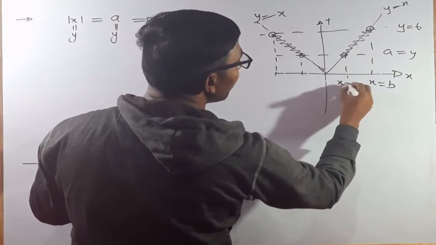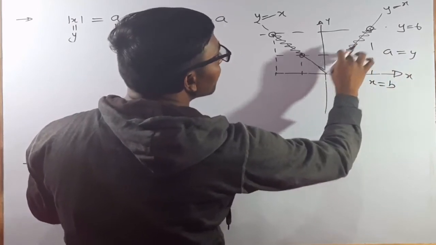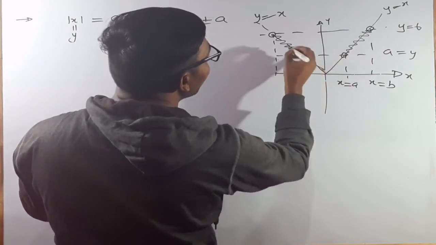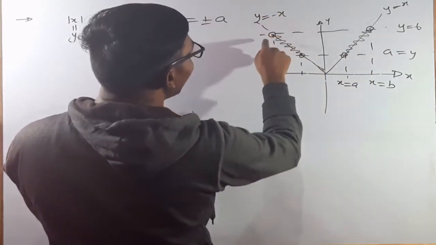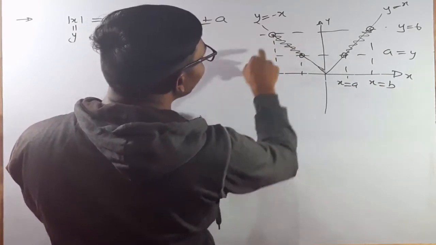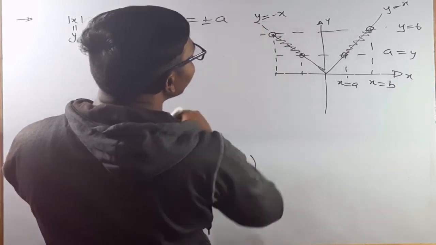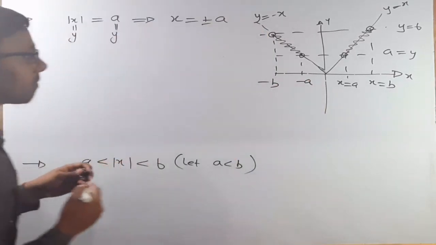Similarly, x equals a we can find: when we put y equals a, the value of x will be a. Similarly, this is y equals minus x. When we put y equals b, what will be the value of x? x will be minus b, and here minus a, similarly.